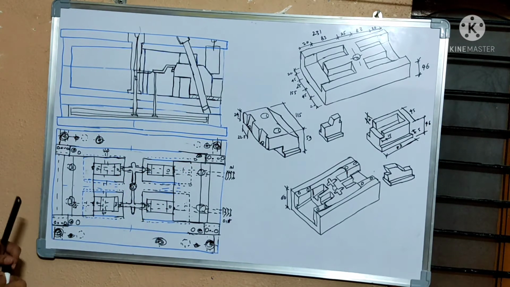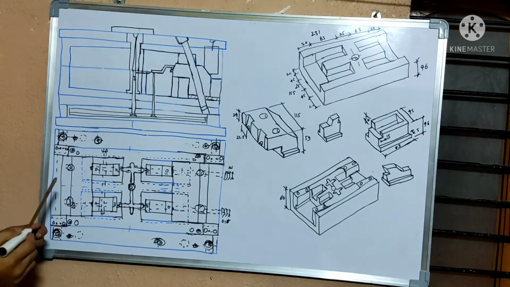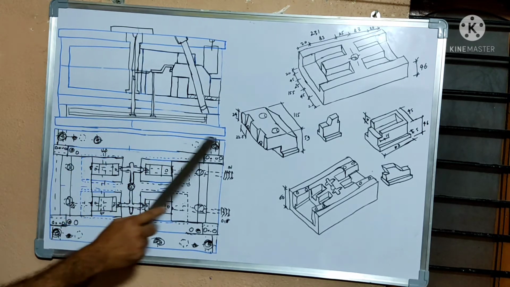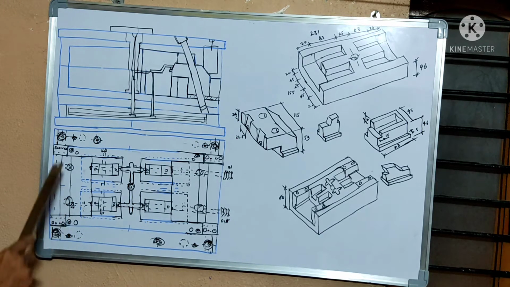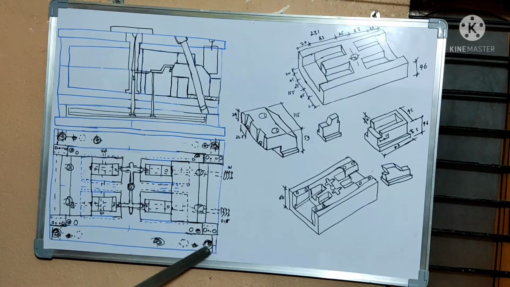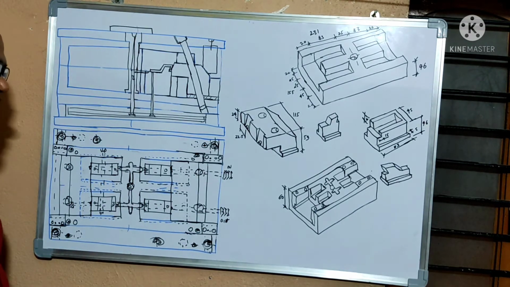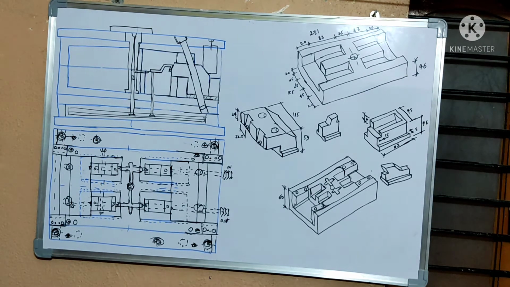Here another thing, the locating ring is there. In the top view of the tool, you are observing the outer line is of the bottom plate, and at the 4 corners you are using the main guide pillar, guide bush as per the GTTC standards.